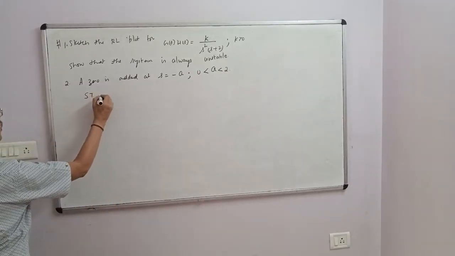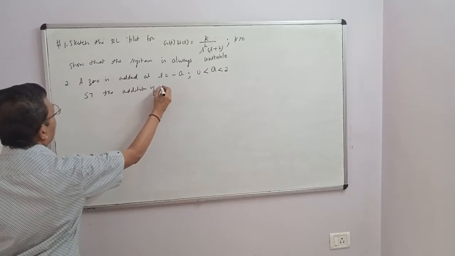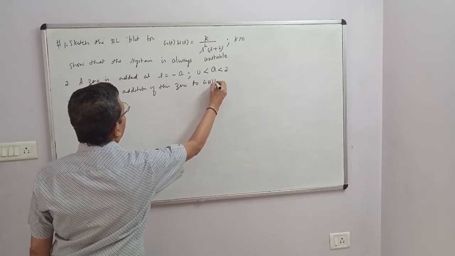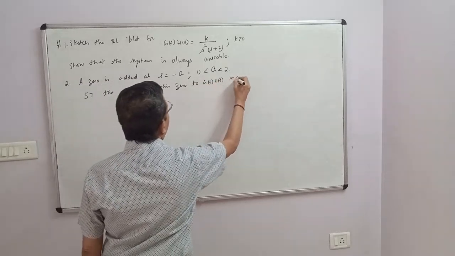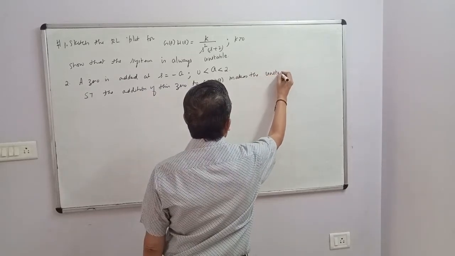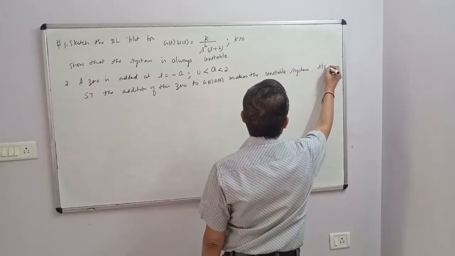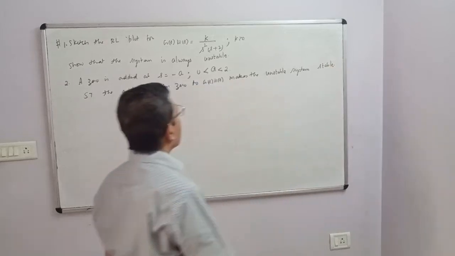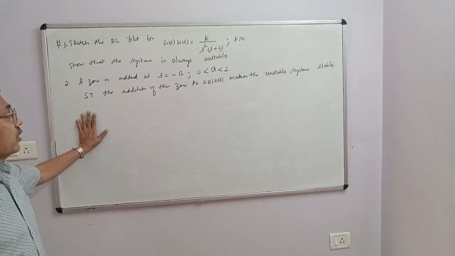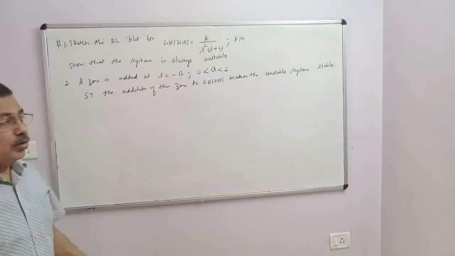Show that the addition of this 0 to g of s, h of s makes the unstable system stable. That means what the author wants to tell you here is you can bring in stability by adding a 0 to an unstable system. So we shall do this problem.